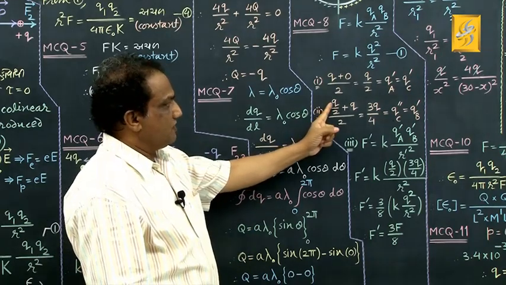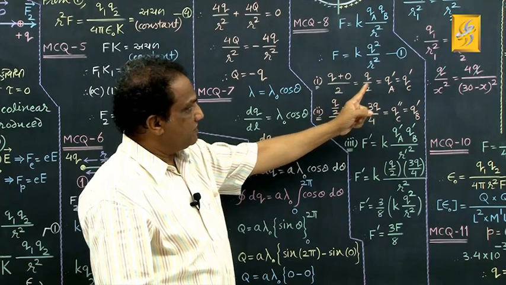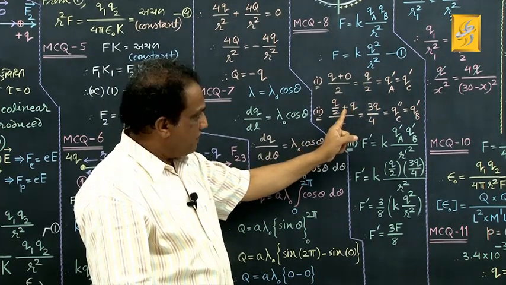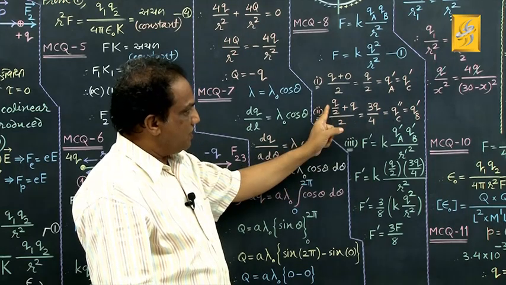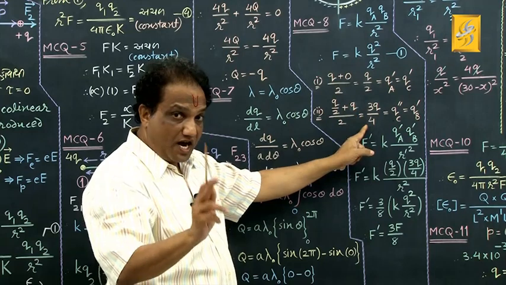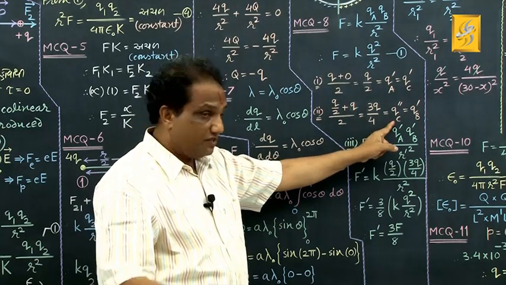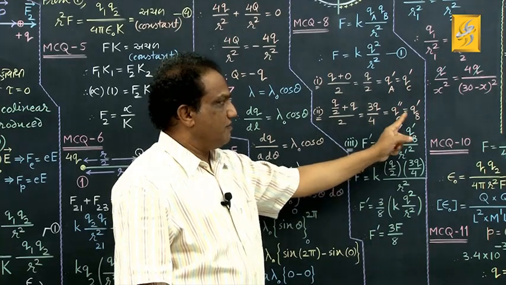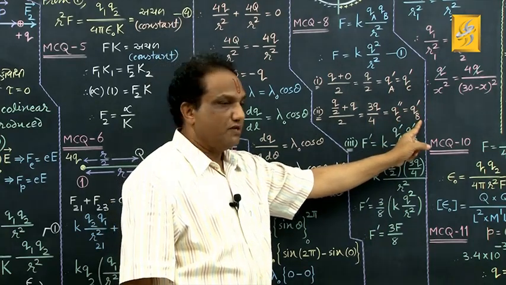What is the charge on sphere C? It is now Q by 2. What is the charge on sphere B? It is Q. Summation divided by 2, now this is 3Q by 2 upon 2, that is 3Q by 4. This will be the charge now on sphere C in the latest condition, and that same amount of charge will be there in the final condition of sphere B.